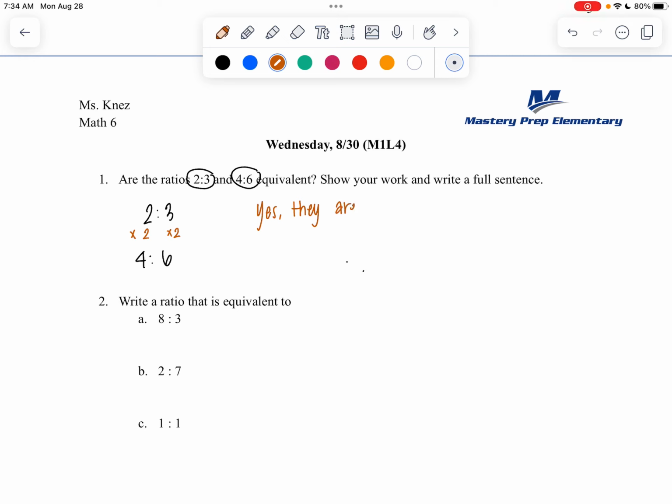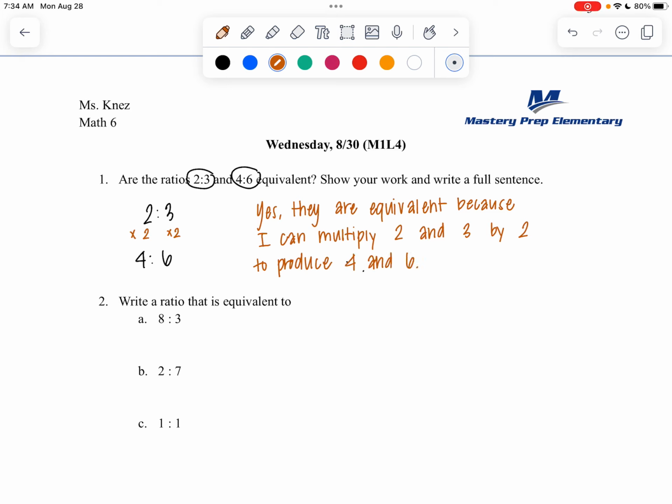And the reason why they are equivalent is because I can multiply 2 by 2 and 3 by 2 to produce the new ratio. So I'm simply going to write they're equivalent because I can multiply 2 and 3 by 2, that's my factor, to produce the new ratio, which is 4 and 6.